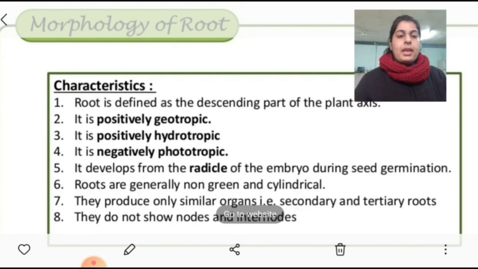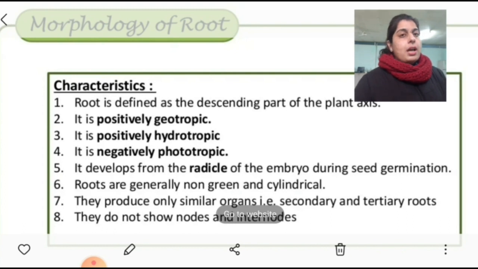It is negatively phototropic. Photo means light and tropic means movement. Roots grow away from the light, inside the soil where darkness is present. So it is negatively phototropic.